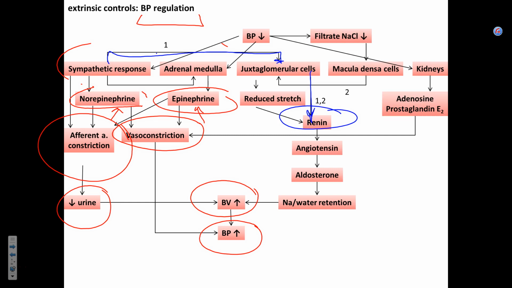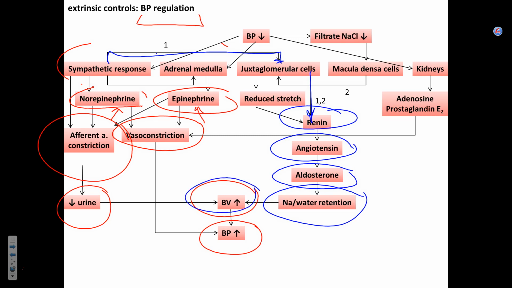Renin will activate angiotensin. Angiotensin will lead to the release of aldosterone from the adrenal cortex, and aldosterone will increase retention of sodium, followed by retention of water. All of it will increase blood volume. Does that make sense? Now, decreased blood volume will also reduce the stretch of afferent arteriole. The result of it, release of renin as well. Okay?